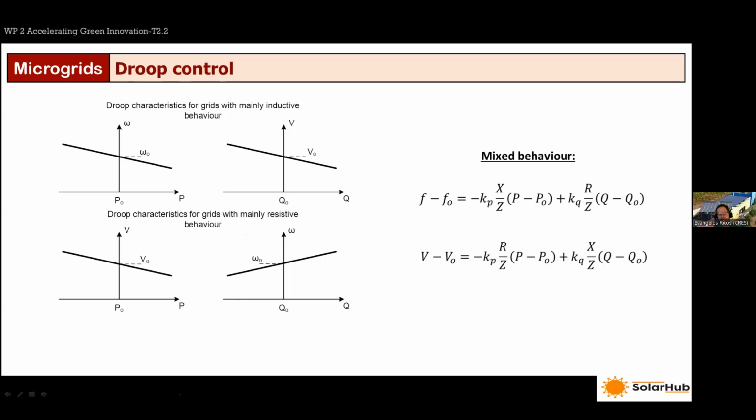This is the more generic model that one can use to have a general control implementation of these droop characteristics in any kind of grid. So from this, we can go to the most simplified ones here and here in the diagrams.